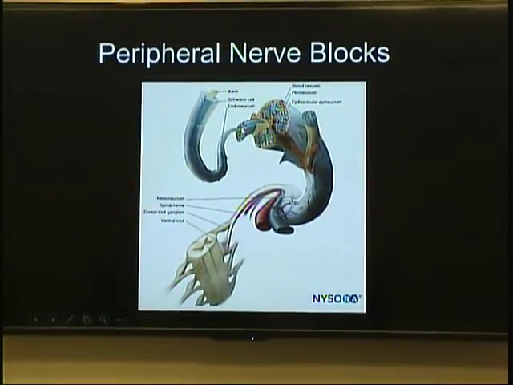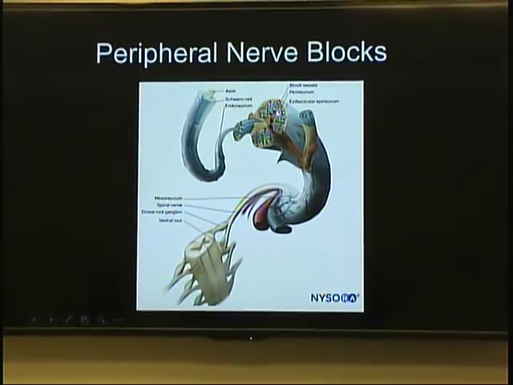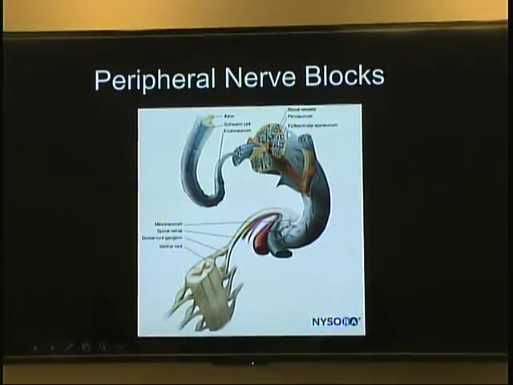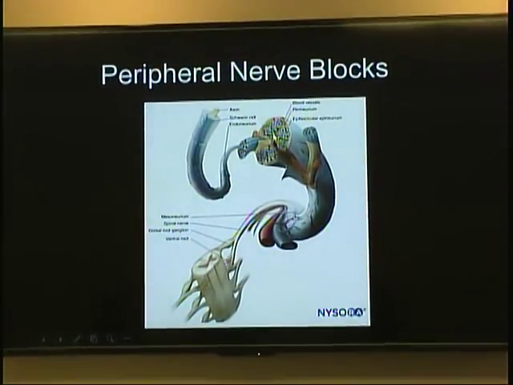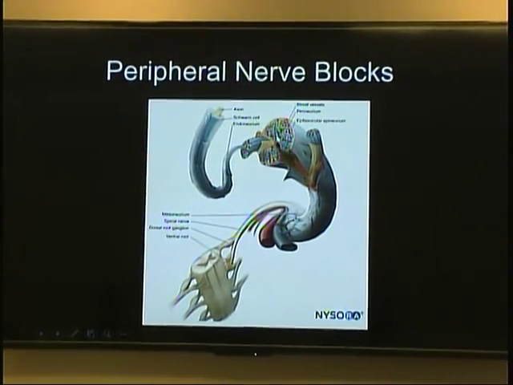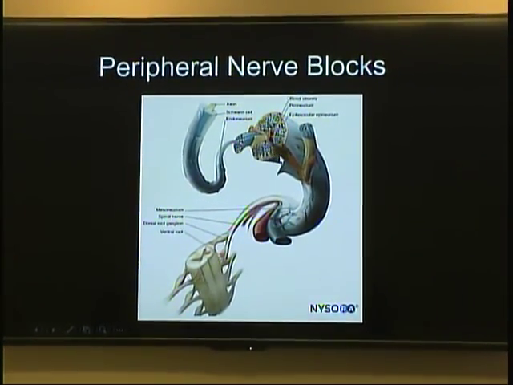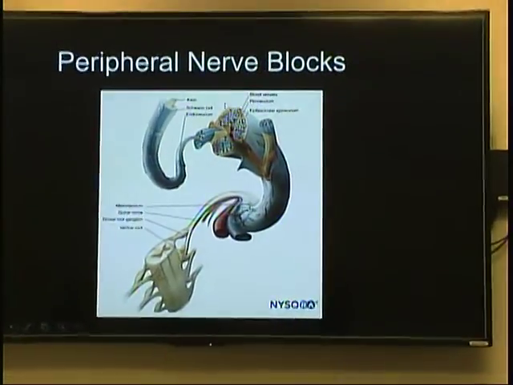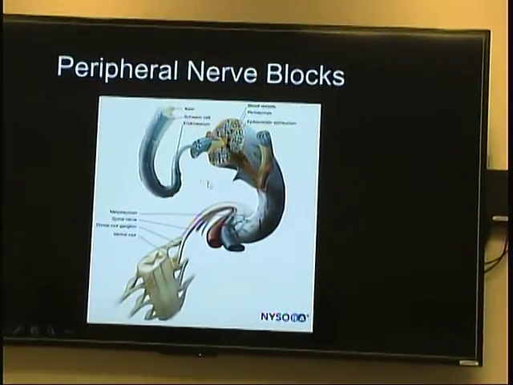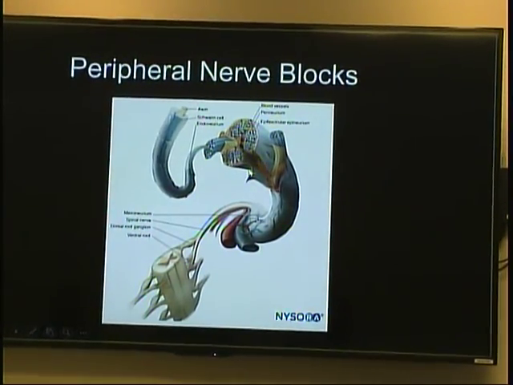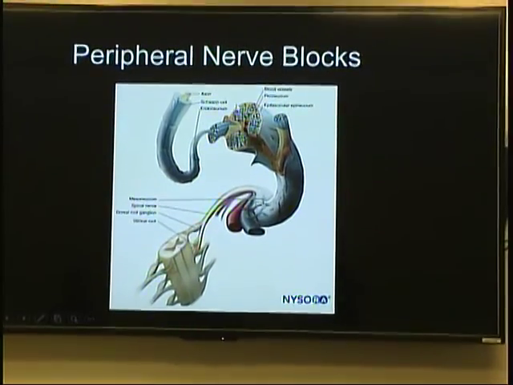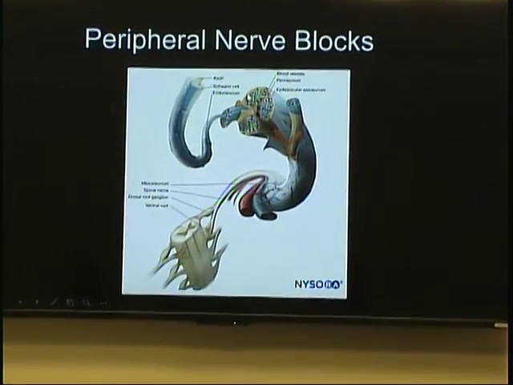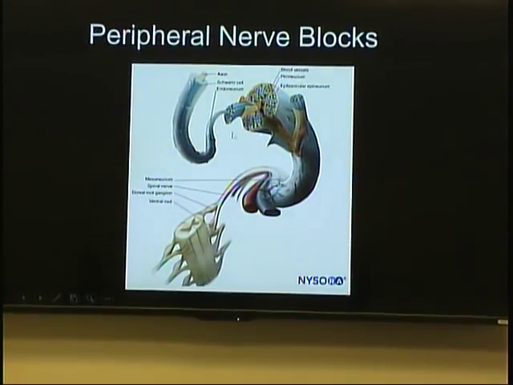You have a bunch of fascicles together to make up the nerve, and then these are surrounded by this epineurium, and in between there's fatty tissue, connective tissue, vessels.